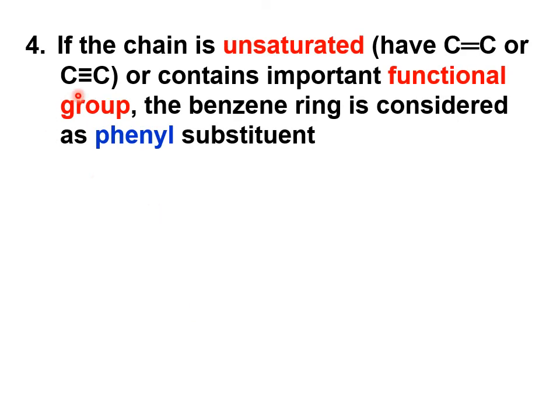And also, if the chain is unsaturated or the chain contains another important functional group, our benzene ring will also appear as a substituent. So it will be known as phenyl. For example, I have an alkyl group which consists of a carbon-carbon triple bond. So the chain containing the carbon-carbon triple bond will be my parent.